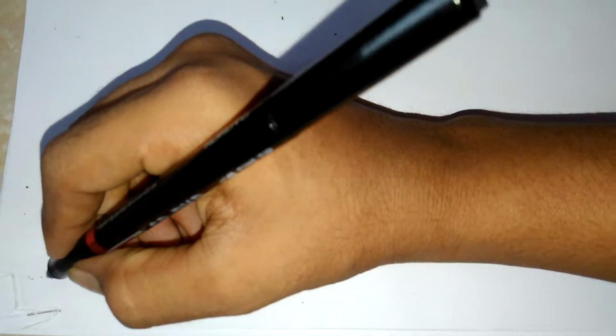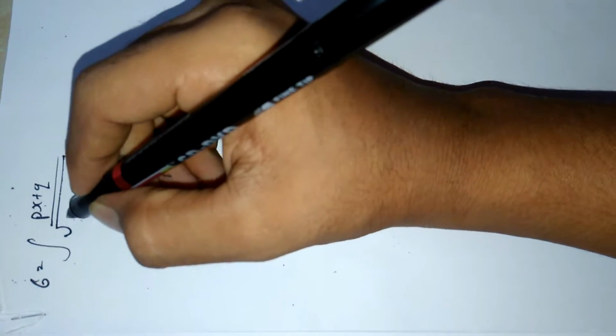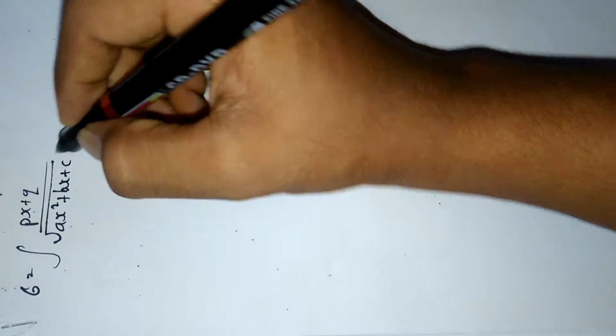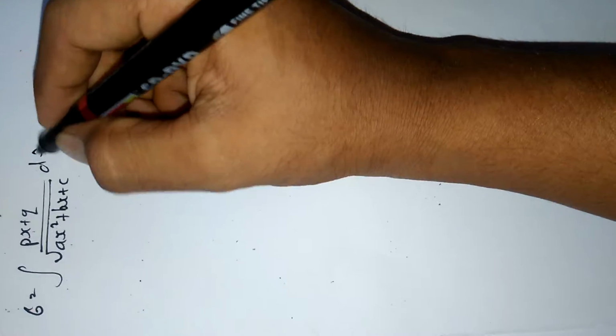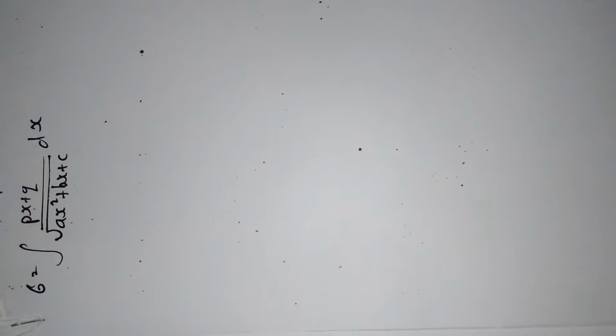Our sixth type of shortcut would be integration of px plus q upon under root of ax square plus bx plus c dx. So this equation is of the type linear upon under root of quadratic. Whenever you see this type of equation, you have to apply this shortcut.